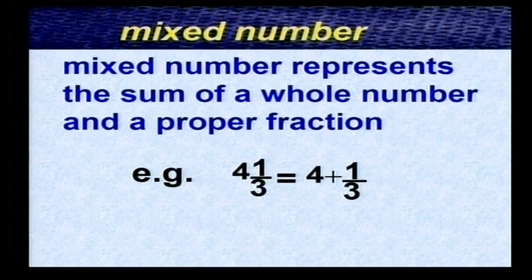So this is called a mixed number: a whole number plus a proper fraction. When you come across such fractions, you must know that those special fractions are called mixed numbers.